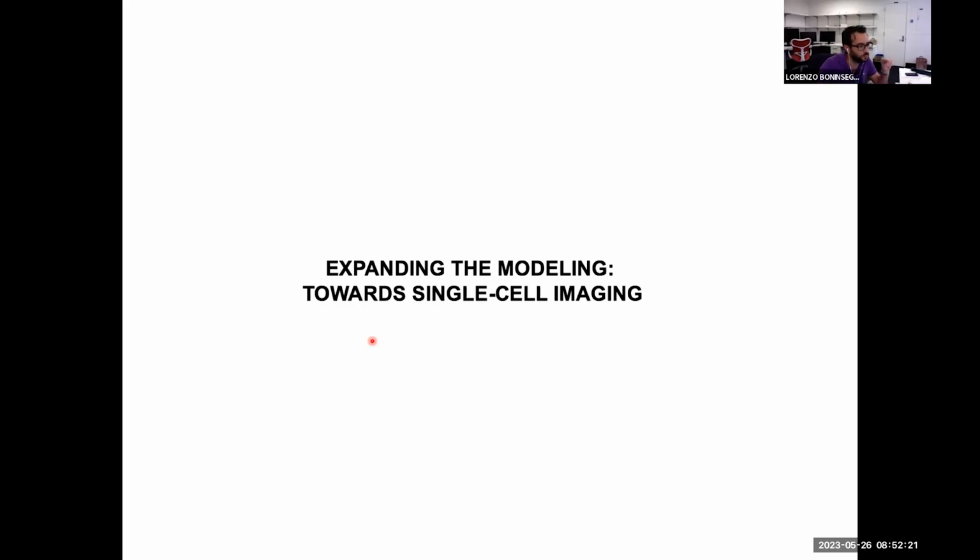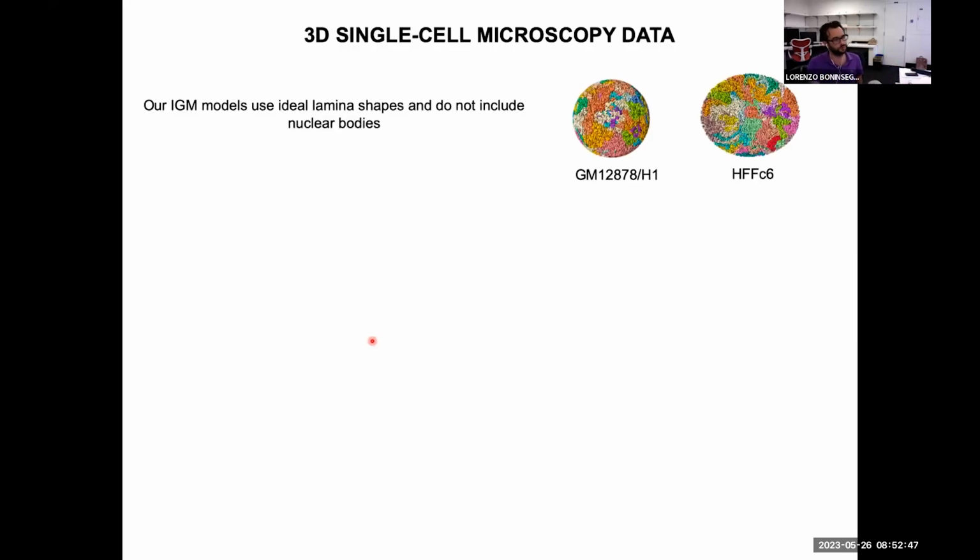But now I would like to look back shortly, because while we're addressing those issues with structure-function relationship, at the same time we are aware that novel data types are being produced, especially single-cell imaging data types, and so we are also working towards expanding the models to include more data types so that we can make the models more predictive.